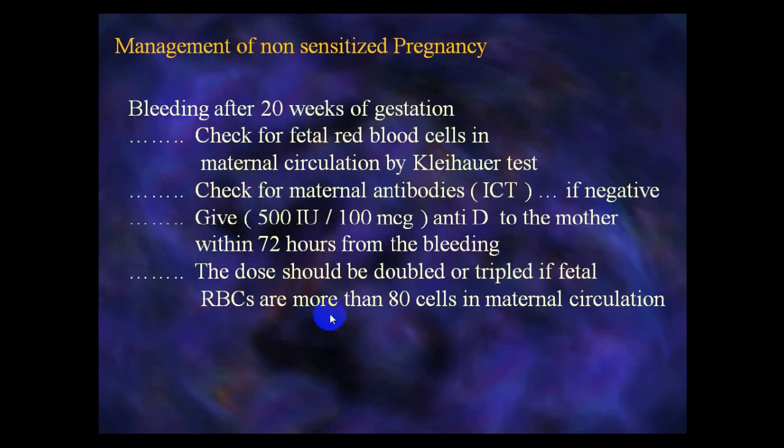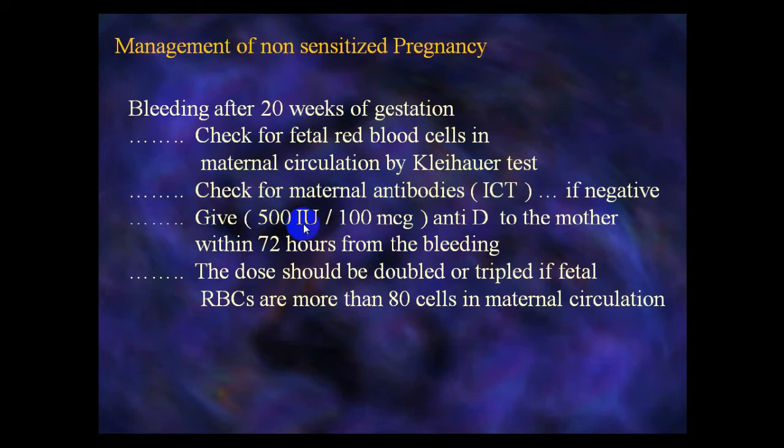Bleeding after 20 weeks of gestation: check for fetal RBC in the maternal circulation by Kleihauer test, and also check maternal antibody by indirect Coombs test. If negative, give 500 international units, so doubling of the dose. Why?